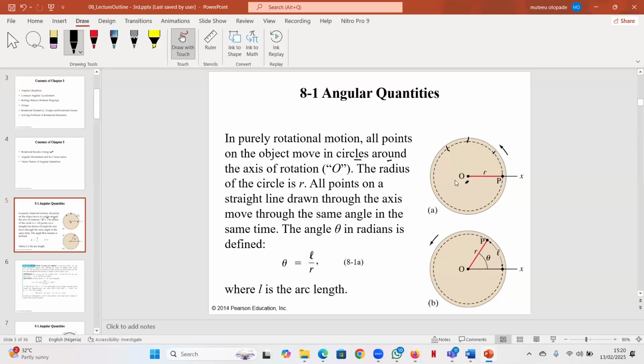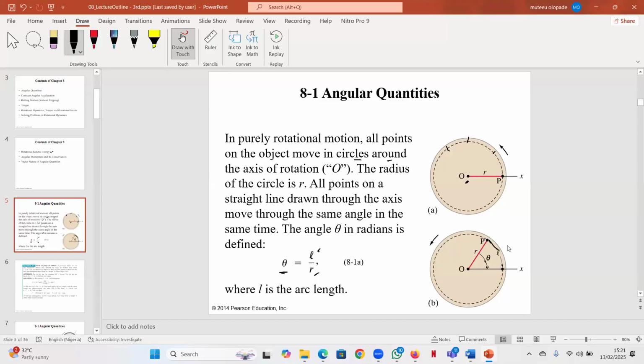That angle being covered is what is referred to as theta, just like the hands of a clock moving. Theta is equal to the displacement L divided by the radius of the path taken.